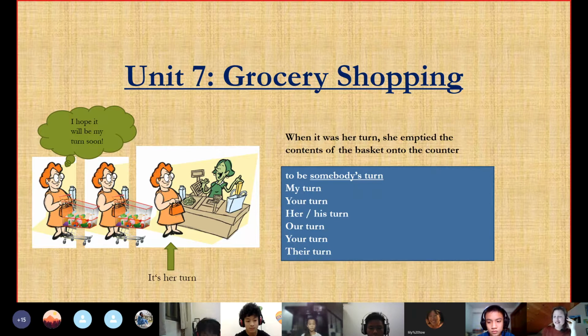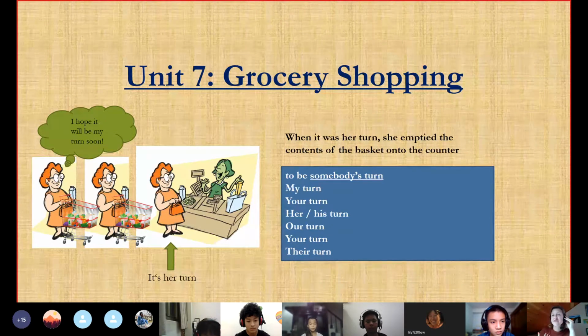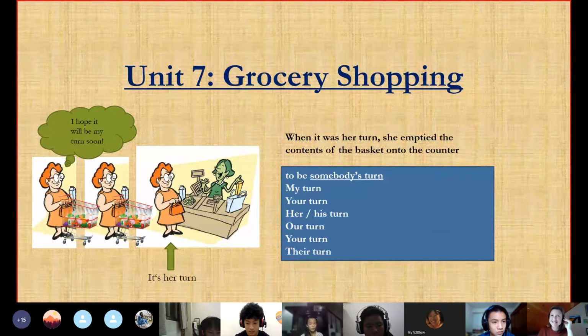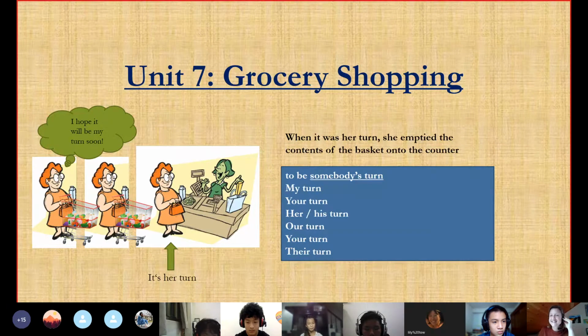Very good. Okay, let's see. Angel, do you have another example, maybe of a game where we have to take turns? At night market. Very good. We went to buy food. So you went to the night market to buy food. And where or when did you have to take turns, Angel?